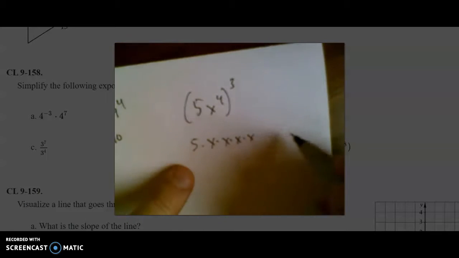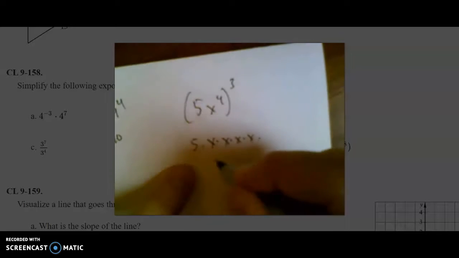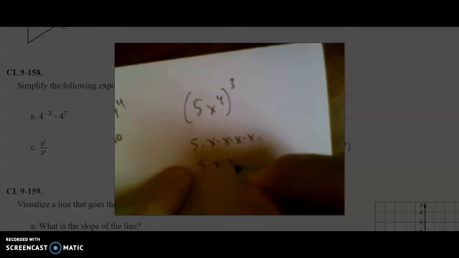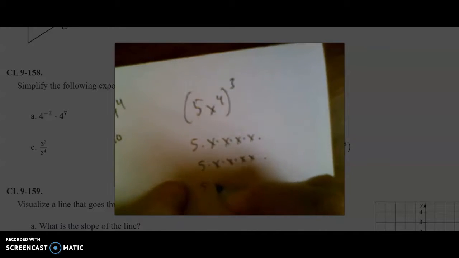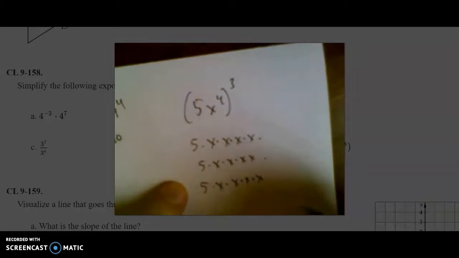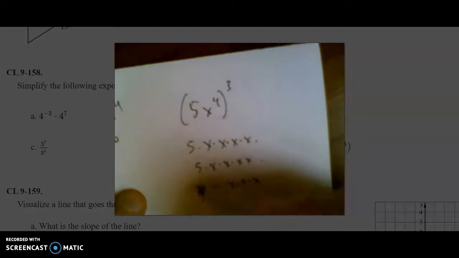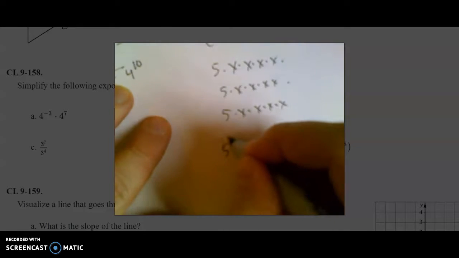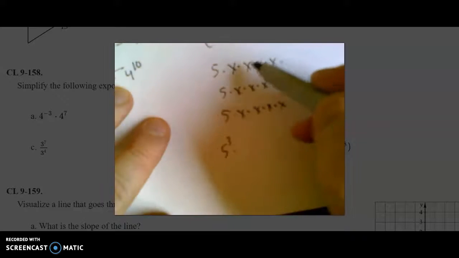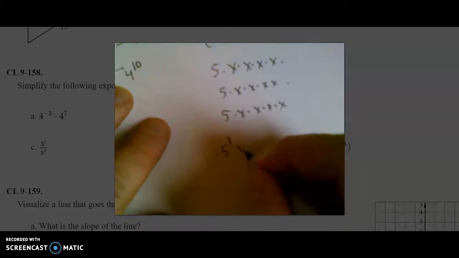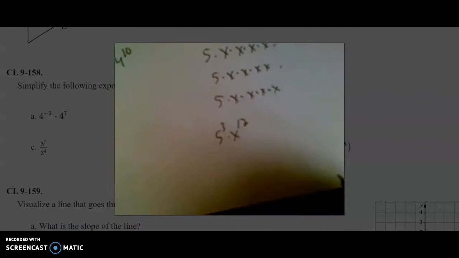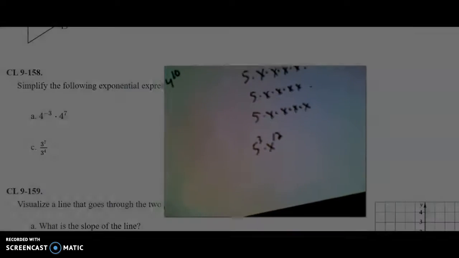I don't have enough room to write the whole thing out this way, so I'll just continue down below it, showing you the 3 different groups. And now you see how many 5s we've multiplied, 3 of them, and how many x's, 4, 8, 12. So that's what the simplified answer should look like.